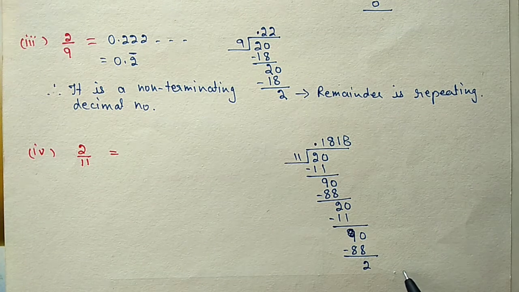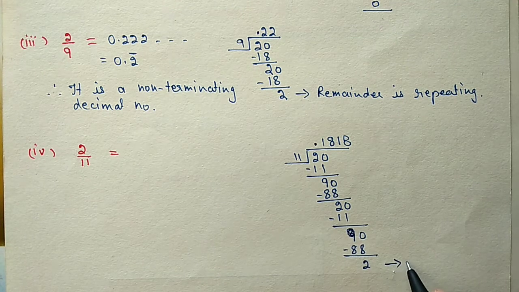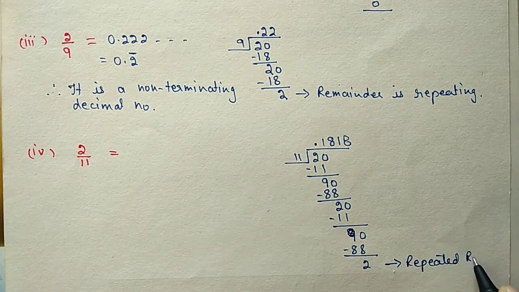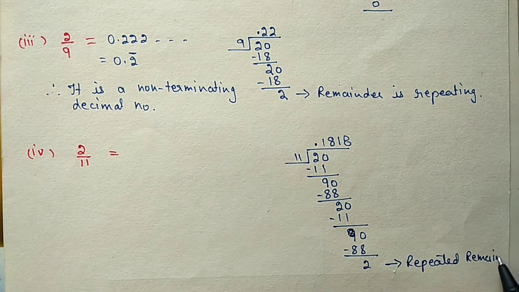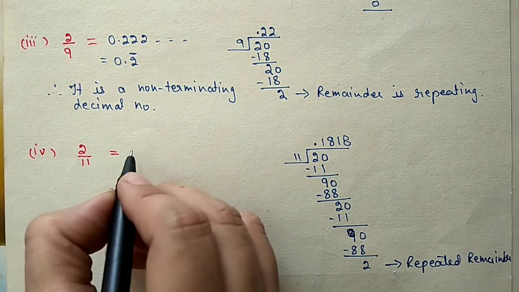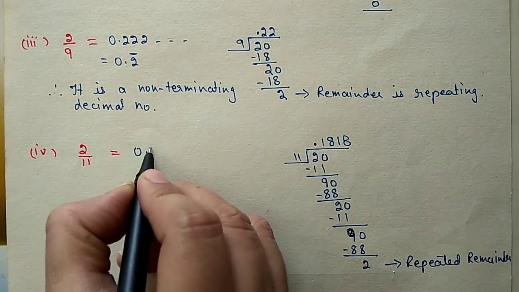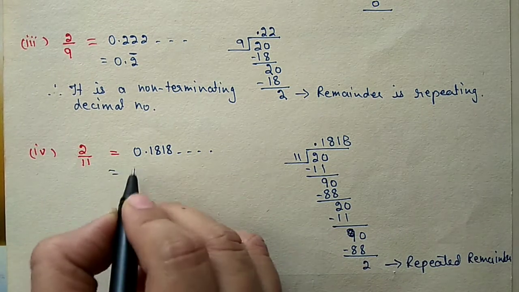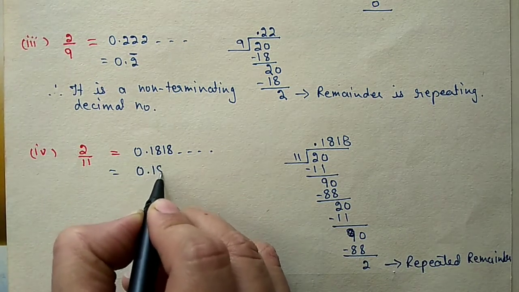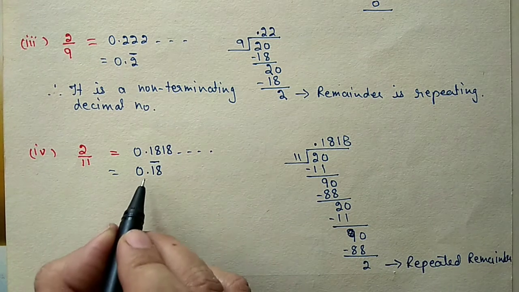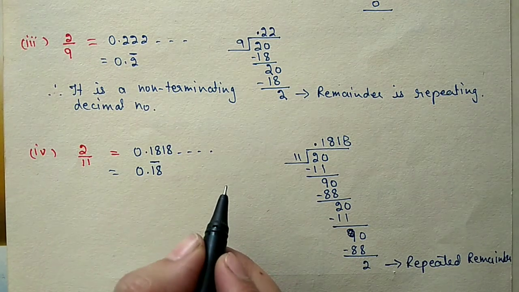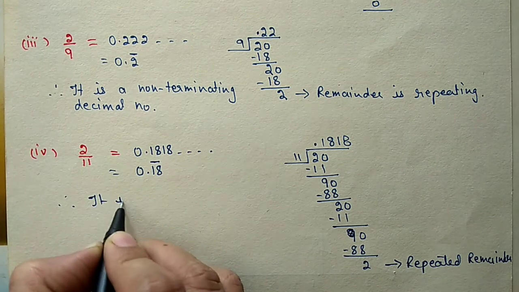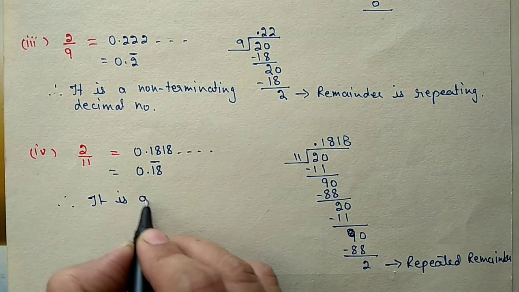So this remainder is coming repeated again. So we can write 2 by 11 is equal to 0.1818 up to infinity, or this is equal to 0.18 with a bar over 18. It means 18 is repeating again and again. So it is a non-terminating decimal number.